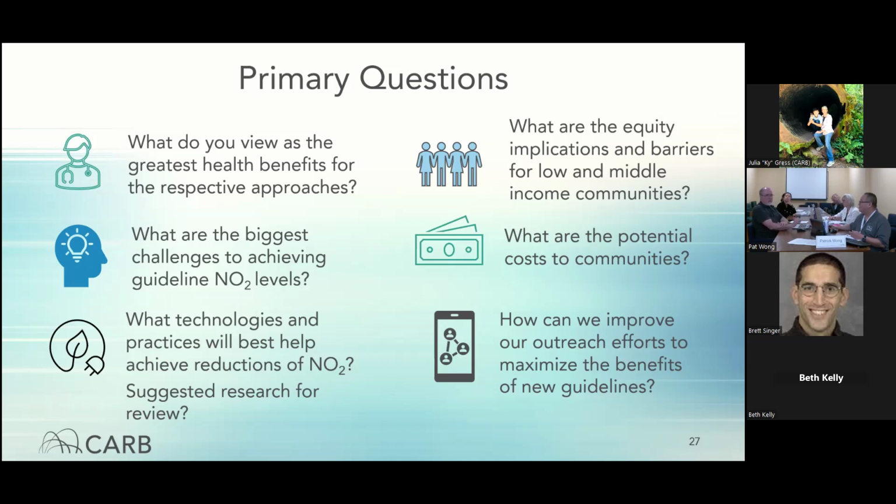Yeah, and so Brett spoke at length about some of the downsides of the sensors, that there really aren't low-cost NO2 sensors. That is something that is being actively pursued with funding from CEC and others to develop or identify that type of technology.